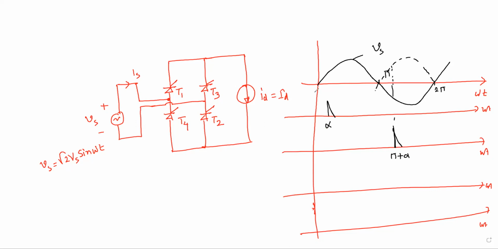Okay, good. So that is your IC1 and IC2, and this is your IC3, IC4. Now we are doing the same thing as for your resistive load.